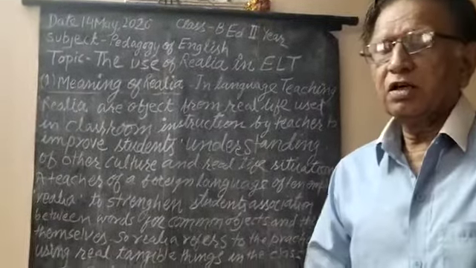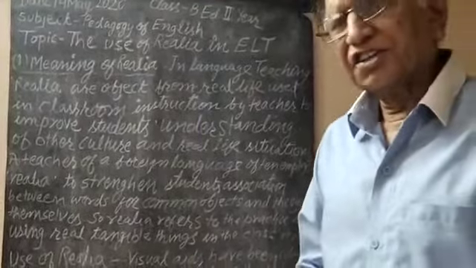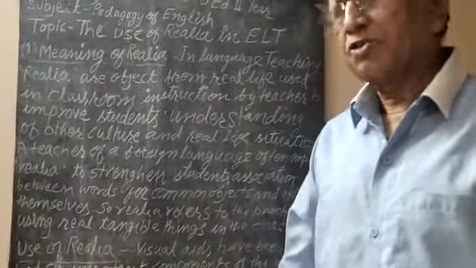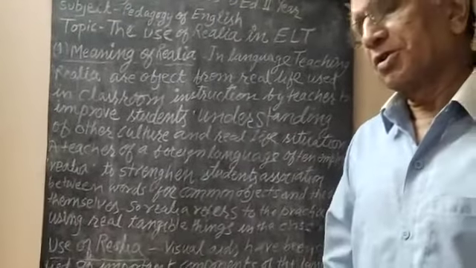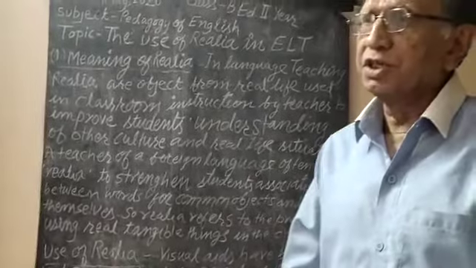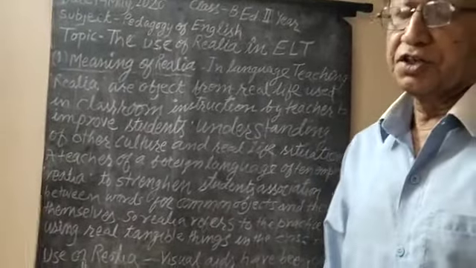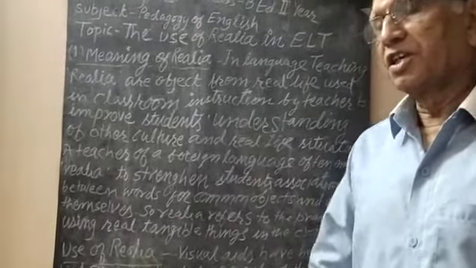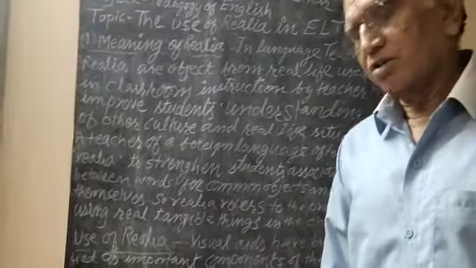First, what is the meaning of Realia? Realia is nothing but the real objects of the actual world. These actual things are used during English teaching. When the teacher is teaching a foreign language, Realia is used in the classroom.